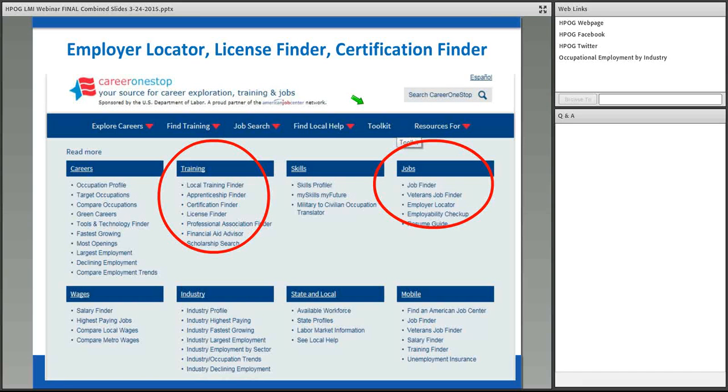Under the training option, you'll see those same things. You can search for certifications and licenses, apprenticeship, and local training. All of the information that you get to from O*NET is from this same database. We reuse it so that we don't duplicate each other's work, and we link through where it makes sense.